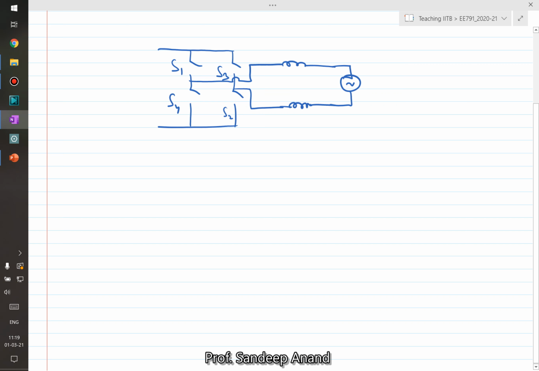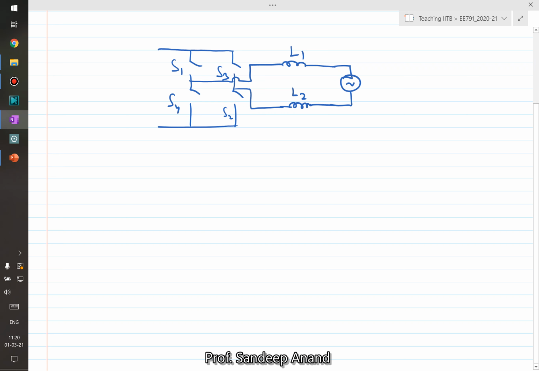Now if you remember, in the last video we assumed that both inductor values are the same. Here let us be a little bit more generalized. Let's say there is L1 and L2, right? And in some cases, for example, you may take L2 equal to 0, then it would only be L1. So now I'm considering L1 and L2 as two separate parameters so that they can be set equal, or not necessarily set equal.